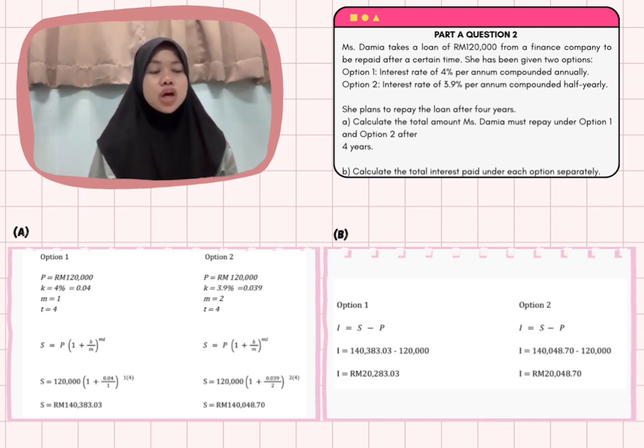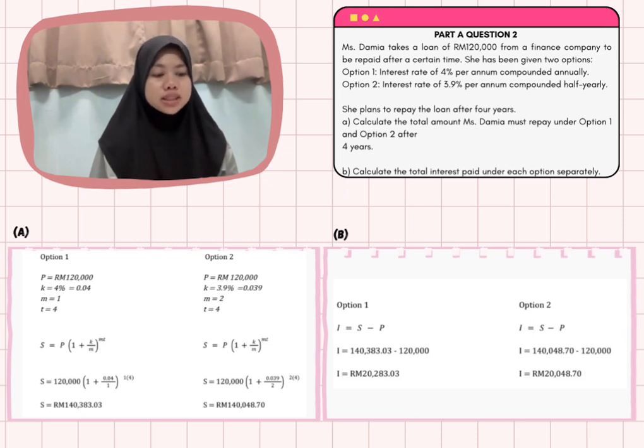Question A, first, you need to calculate for option 1 and option 2 and state other information that have given. After that, you need to know the formula you should use. For question A, you need to use the formula A equals P bracket 1 plus i bracket power n.